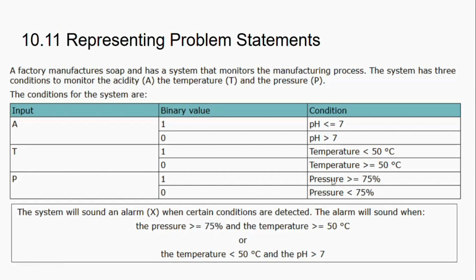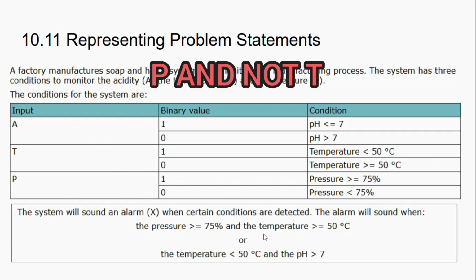Here the P value is 1, so just write P, and then you have to use the AND operator. And the temperature is greater than or equal to 50. For that, the T value is 0, and when 0 is there, we have to not it, so not T.